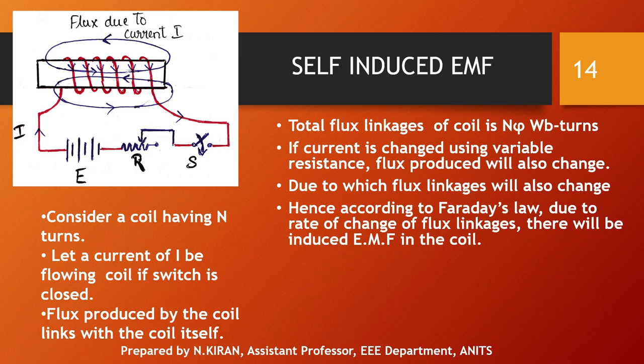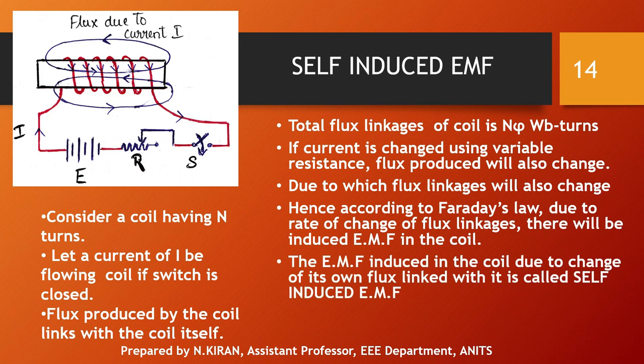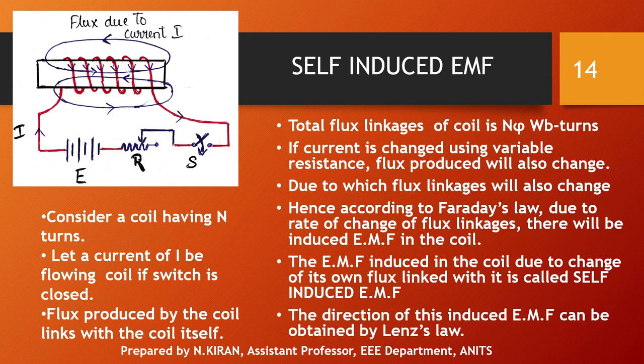This EMF is induced in the same coil due to change in its own flux. The EMF induced in the coil due to change in its own flux linking the coil is called self-induced EMF. Its direction can be given by Lenz's law.